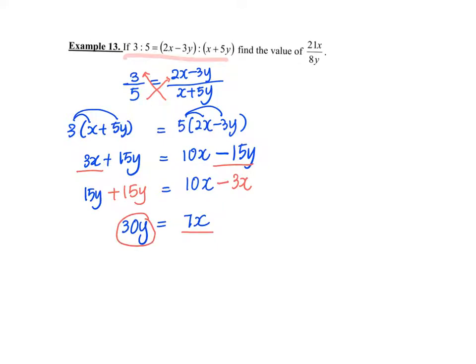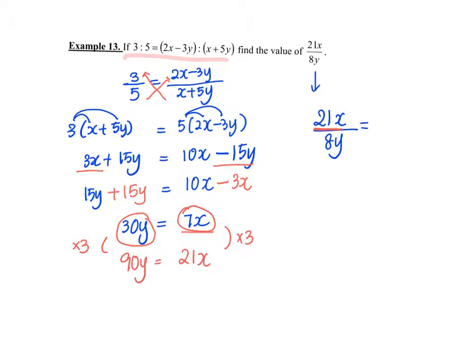My question over here asked me to find 21x over 8y. So now I know that 7 units of x is 30y. What is 21x? 21x will be, I'm going to multiply by 3. So multiply by 3, it will give me 90y.